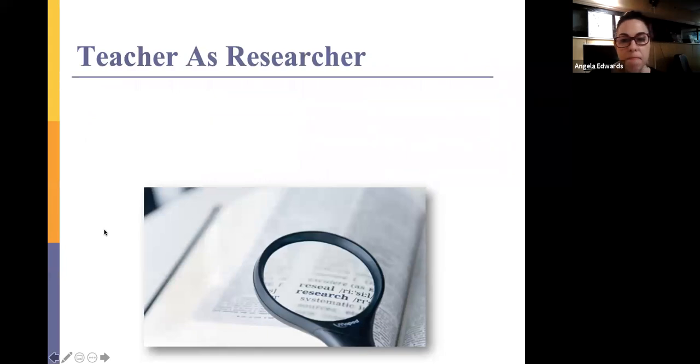So as very much noted in this week's readings, early childhood curriculum documents place a very strong emphasis on the importance of critically reflective practice.